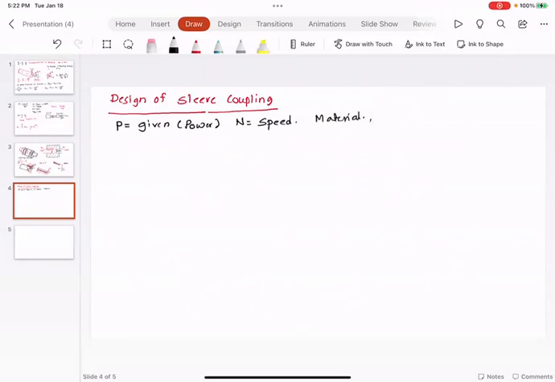So typically the shaft would be made up with steel. Key would be made up with mild steel, and sleeve could be steel, or sometimes you can have a cast iron. So these are the different materials that would be given.